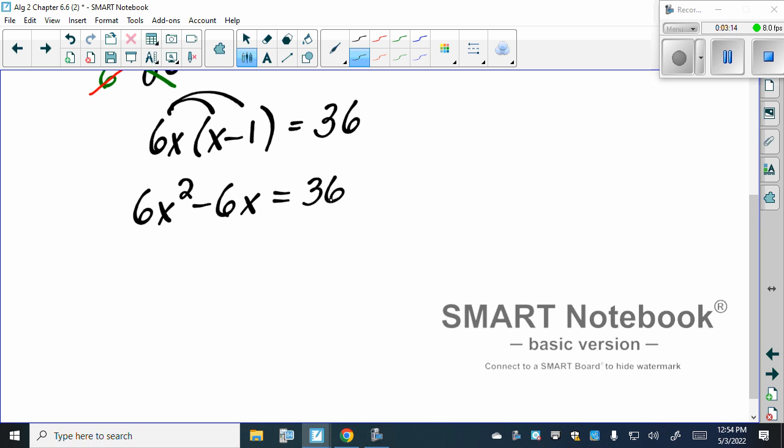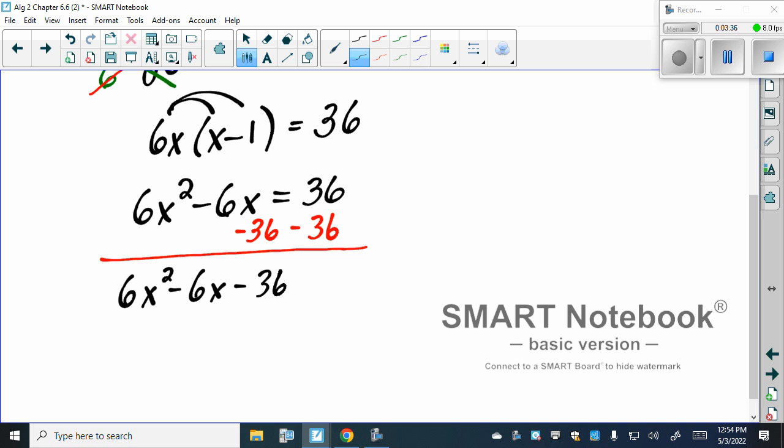Since we do have an x squared term, we do need to get everything on one side of the equation, and this equal to 0. So the next thing we can do is to subtract 36 from both sides. And when we subtract 36 from both sides, we get 6x squared minus 6x minus 36 is equal to 0.